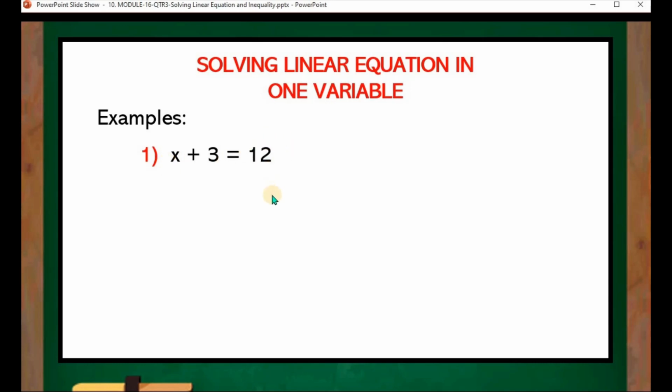Siyempre, by just thinking about it, alam natin kung ano. Ano nga ba yung itatagdag sa 3 para maging 12? It should be 9. 9, 10, 11, 12. So, 9 should be added to 3 so that your equal is 12.